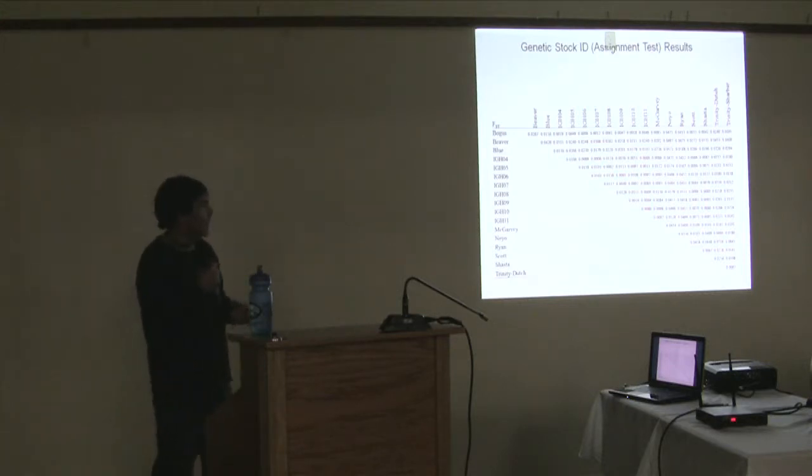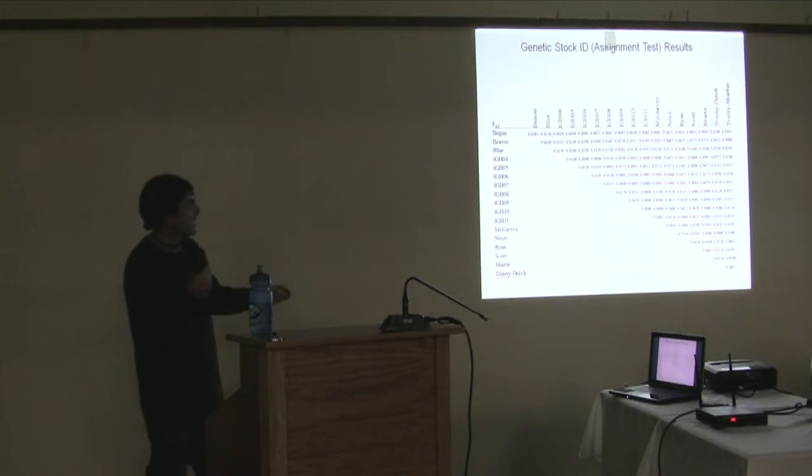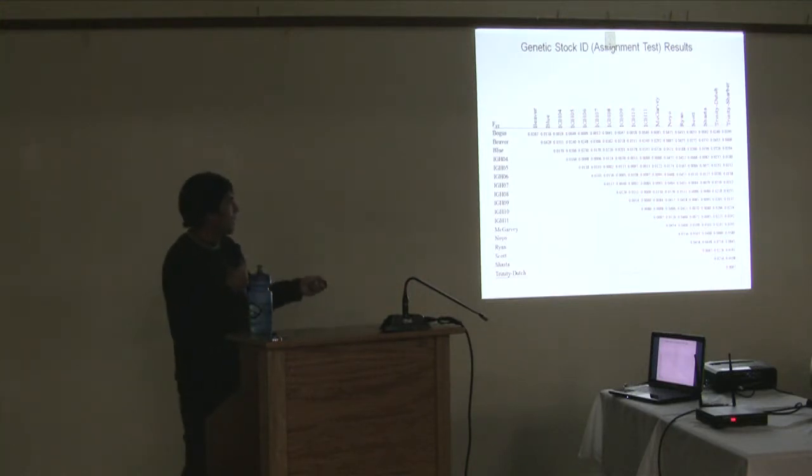FST, this metric that we talked about earlier for measuring genetic differentiation, can be thought of roughly as a percentage of variation that is partitioned between pairs of populations. I realize you probably can't see these numbers very well, but for example, that number right there, 0.0002, means that essentially none of the variation is partitioned between the two populations, in this case two broodstock years, the same brood cycle of fish.